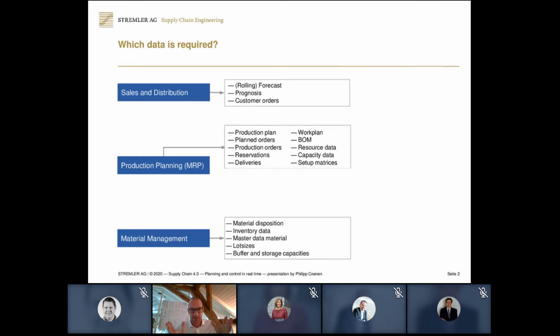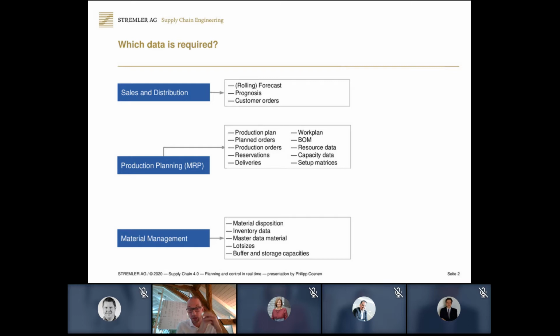We don't need all data. It's not so big. It's important that we identify the right data, and that we find that data and have a unique definition of the data where the dots meet, where the links of the chains are.